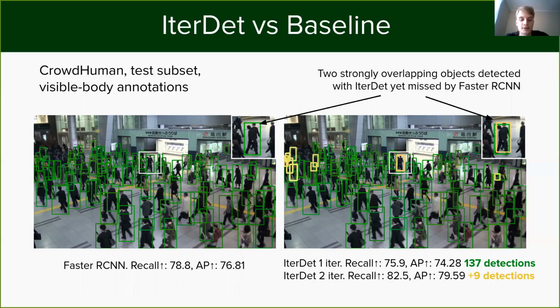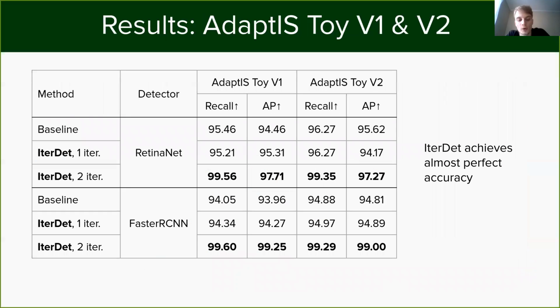We see that the second iteration brings 9 more correct detections, and which is more important, it covers the extremely overlapped case of 2 persons, which cannot be solved by Faster R-CNN with non-maximum suppression. On the Adaptive Toy V1 and V2 datasets, IterDet with 2 iterations achieves almost perfect results, breaking 99% of the average precision metric.